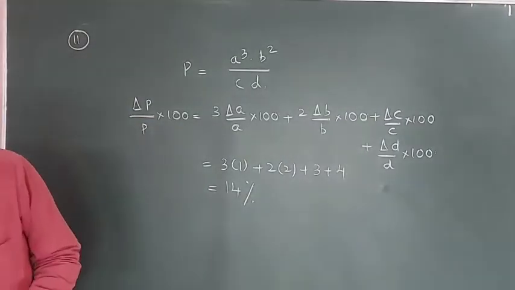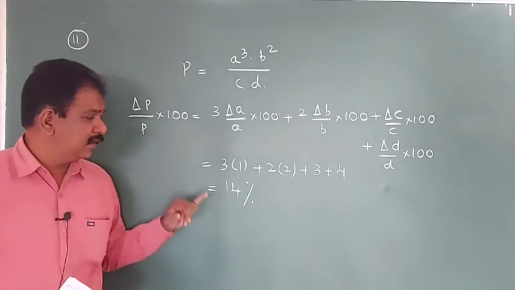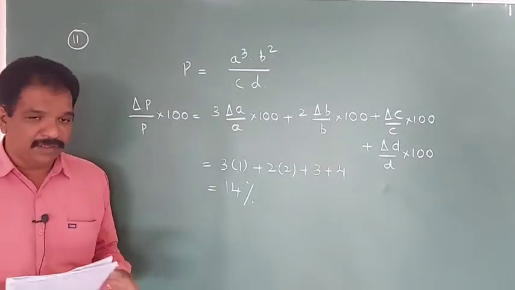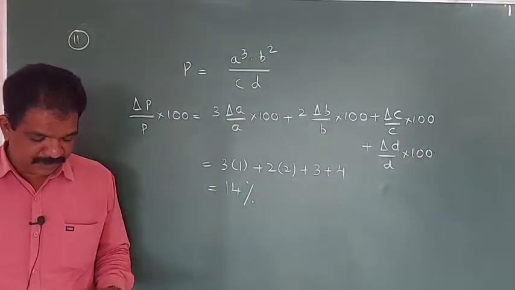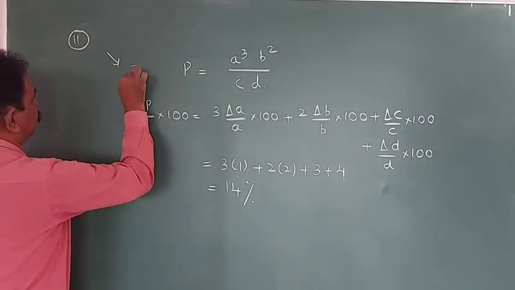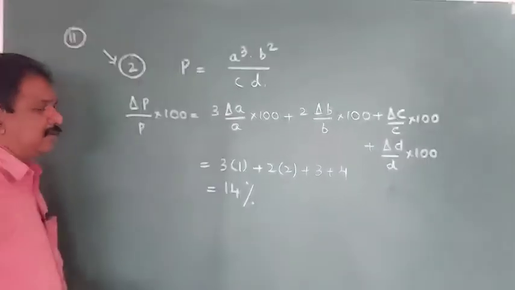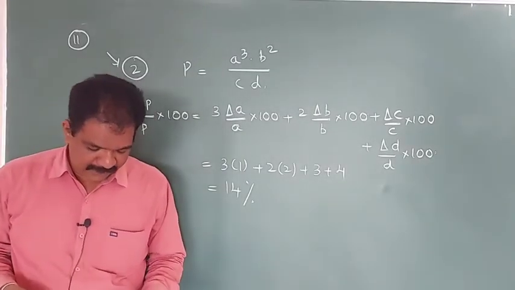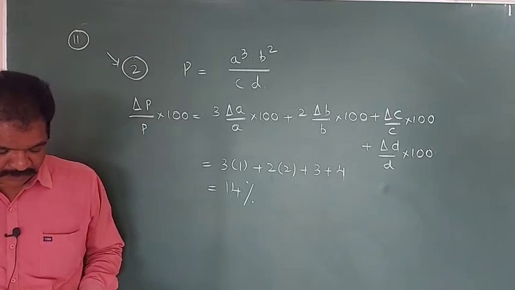So percentage error in the measurement of P will be 14%. 11th it will be second option. Clear?